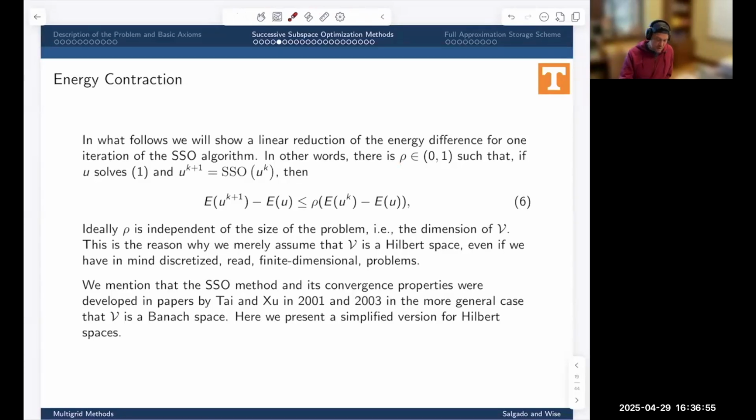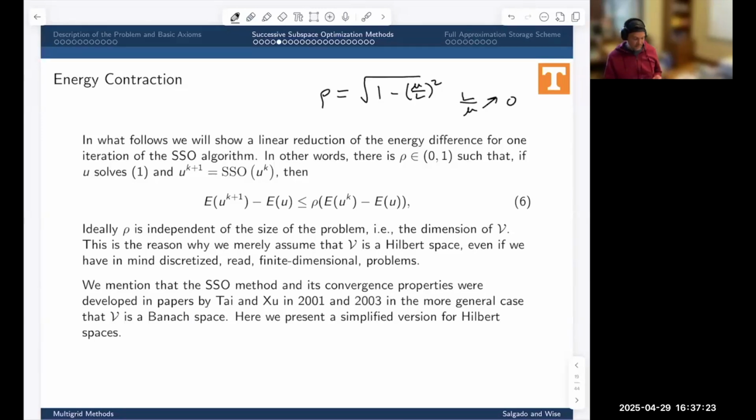So what was wrong with the gradient descent method that we had previously? Well, the rho deteriorated as the nonlinear condition number got larger. And I think, if I'm not mistaken, the gradient descent method had that optimal convergence rate. Well, the problem is L over mu generally gets large as the size of the problem gets large.